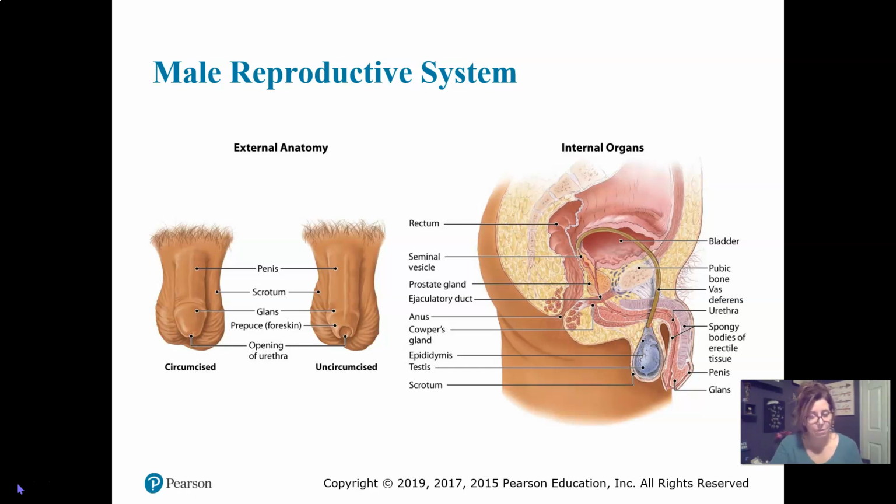Spermatogenesis is the development of sperm. The vasa deferentia serve to store and move sperm. Seminal vesicles provide sperm with nutrients and other fluids that compose semen. The prostate gland adds chemicals to semen to help neutralize vaginal fluids.